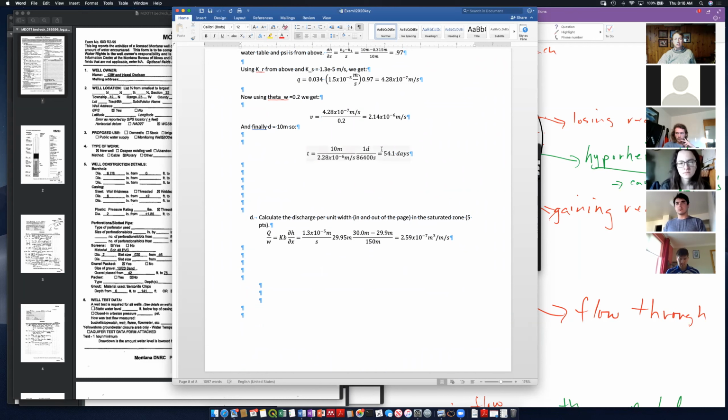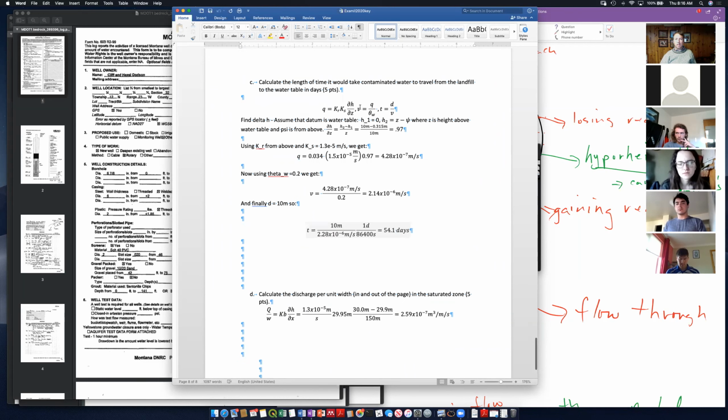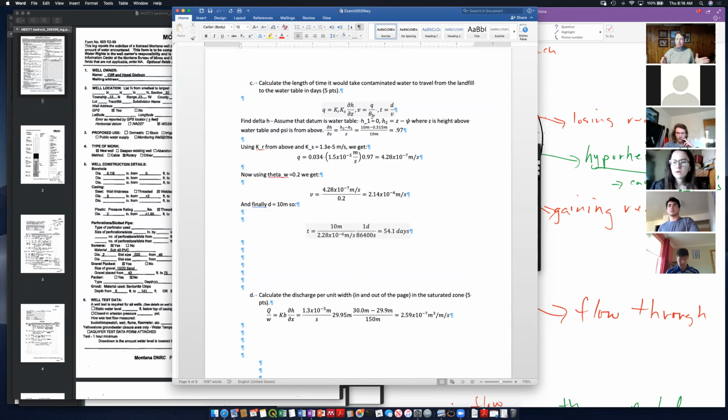Now, one of the tricks here is that the velocity in the unsaturated zone is equal to the Darcy flux divided by the volumetric water content, because the area through which the water can flow when you're unsaturated isn't the full porosity, it's the porosity that's filled with water.